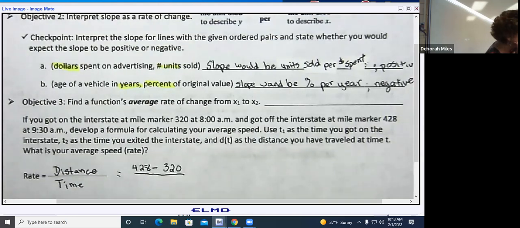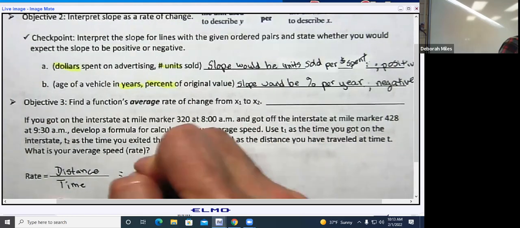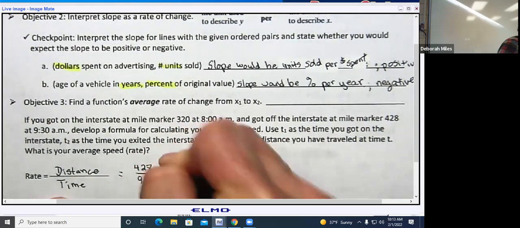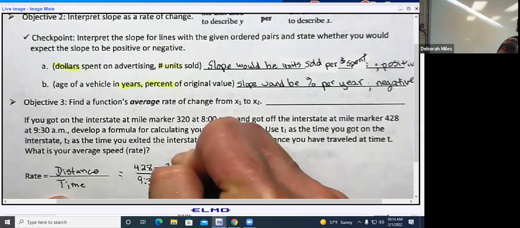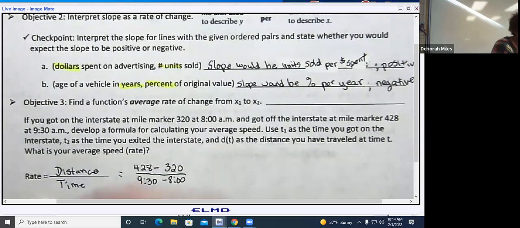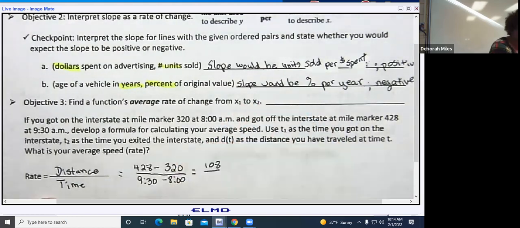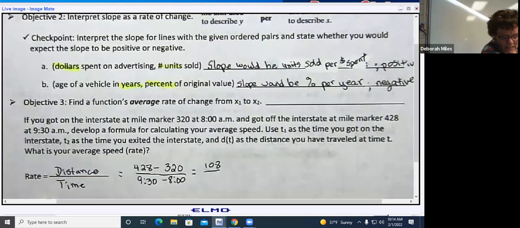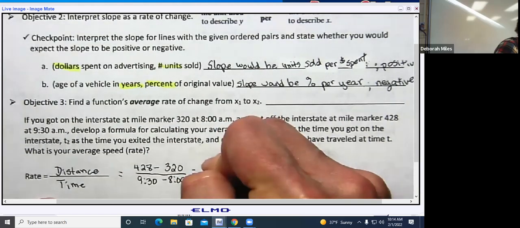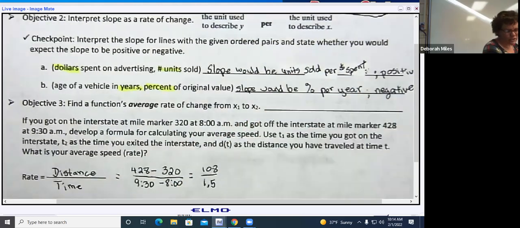How would we get that? 9:30 minus 8 o'clock? So it looks like we went 108 miles in an hour and a half. I'm going to just put that as 1.5. That's easier than using 1 hour, 30 minutes.